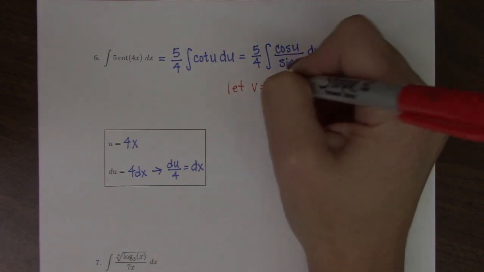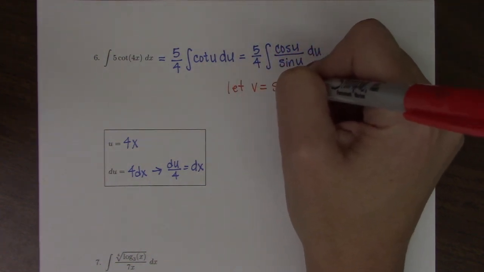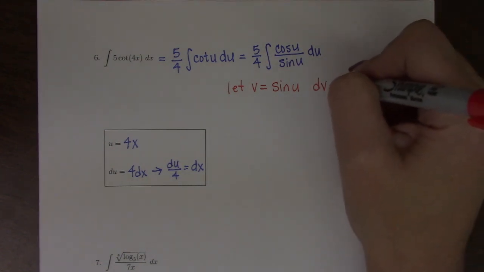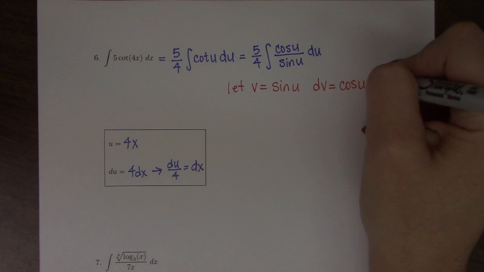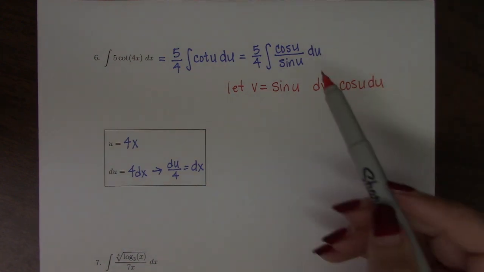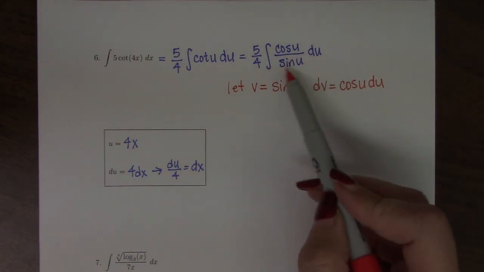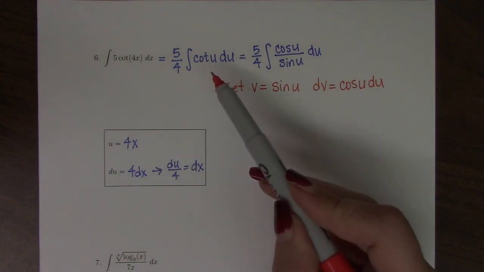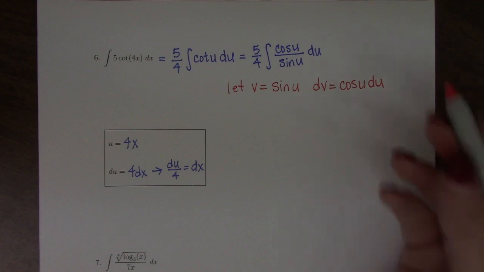Let v be the sine of u, and then dv is cosine of u du. So now I'm going to do a second substitution. First I changed it from variable x to variable u, and now I'm changing it again into variable v.